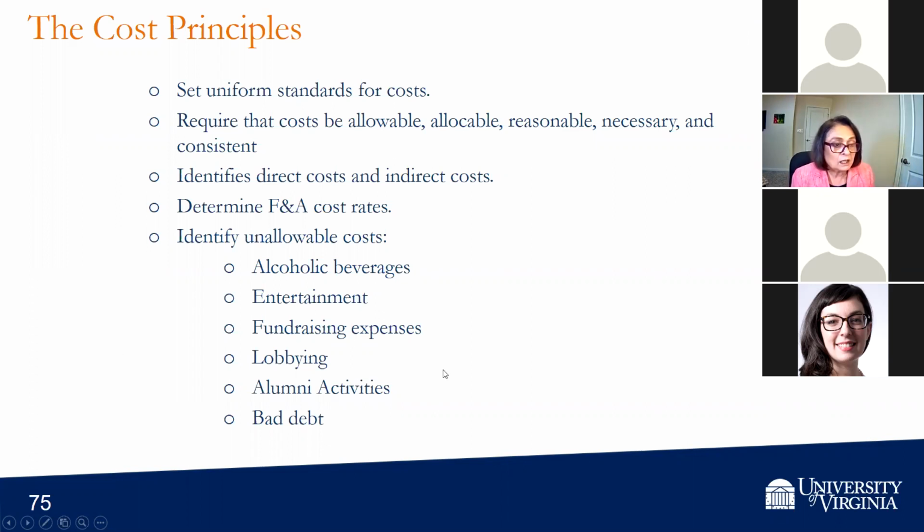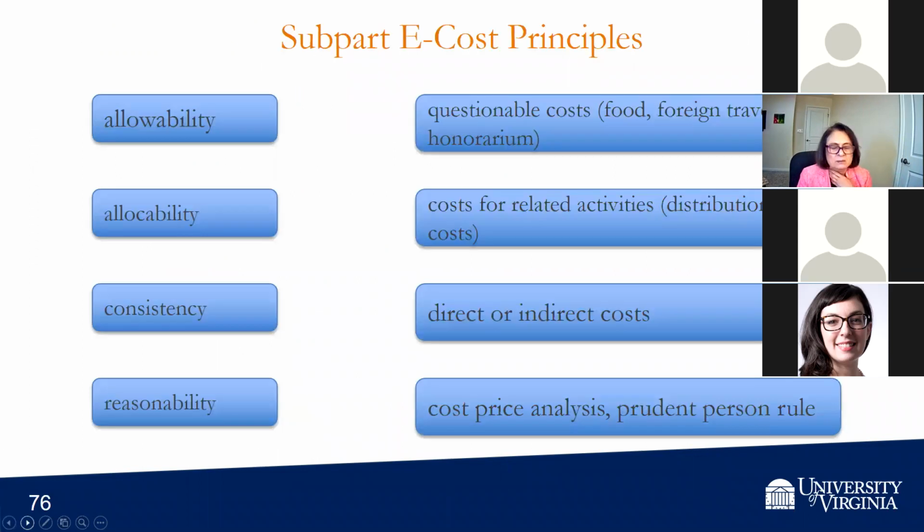So now we have unallowable costs also mentioned through this section of the cost principle. Now, questionable costs are, of course, food and foreign travel. If it's not allowed by the sponsor, that may be an unallowable cost. Honorarium payments.